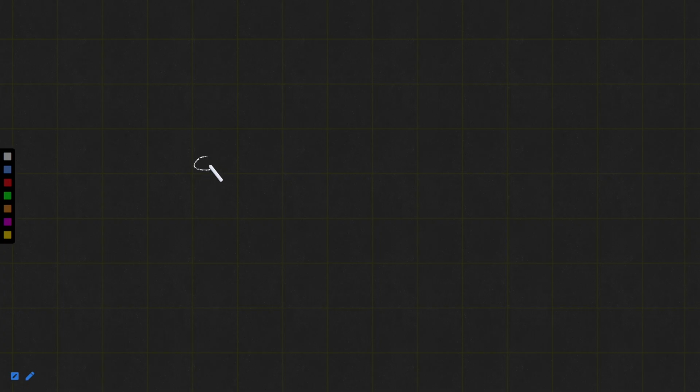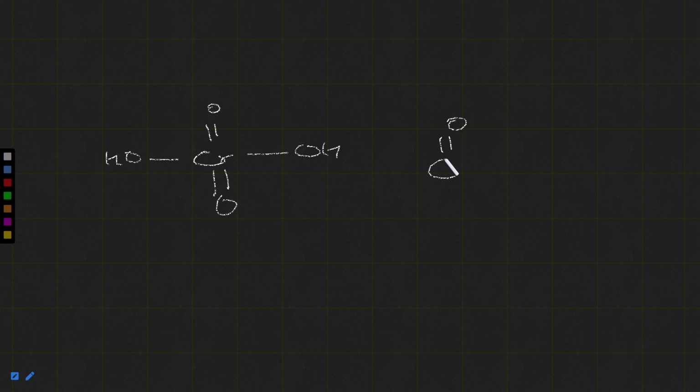First of all, we have this thing, and we have our carbonyl which is being converted into diol. Suppose we have two groups on both sides, R and R dash, no problem.